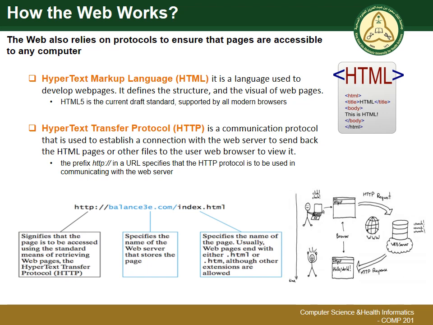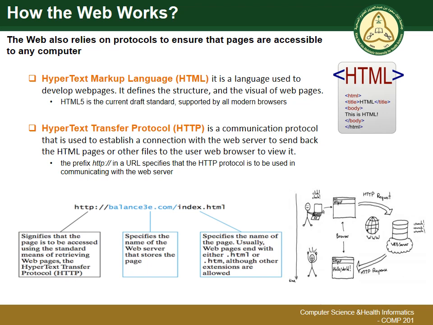Once the web server receives the request, it will locate the page within its directories, then send the page text back in a message to the browser, to the user. When the message is received, the browser will interpret the HTML page format and display the page in the browser window.